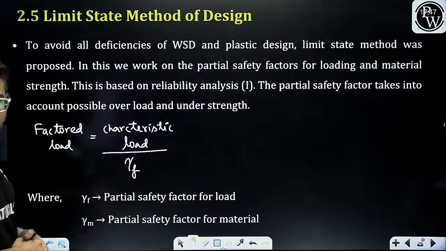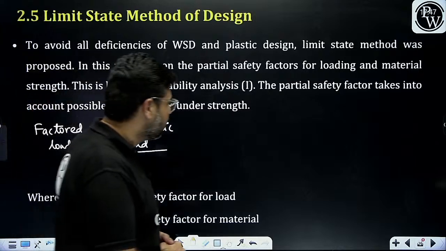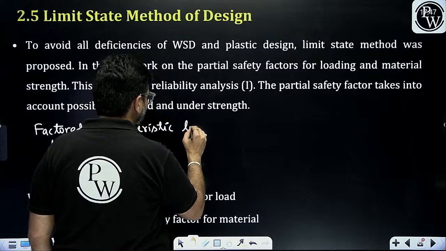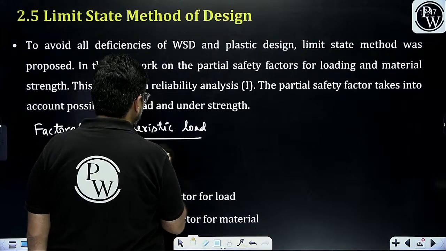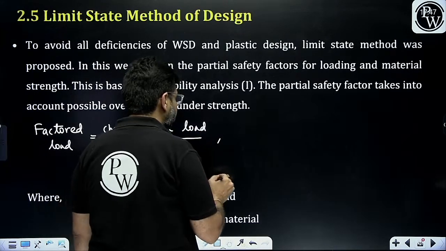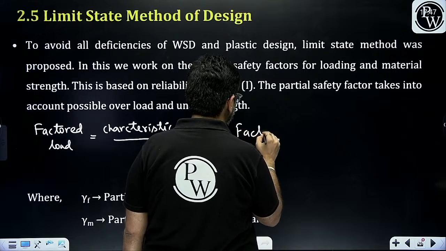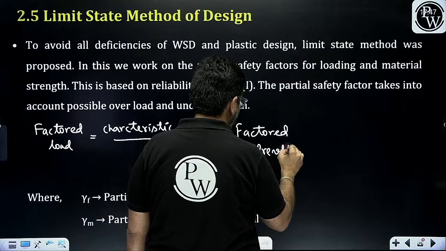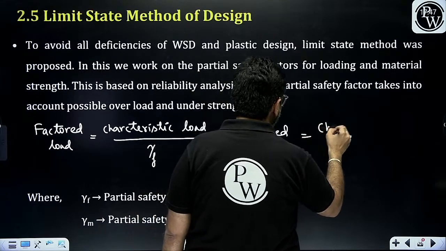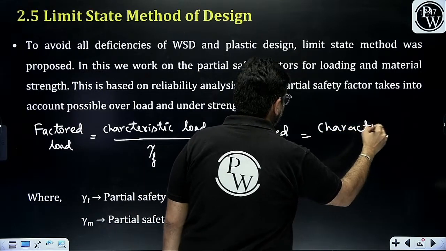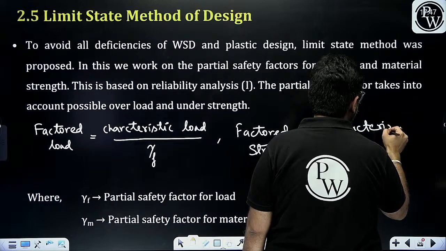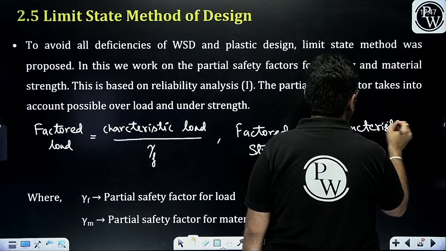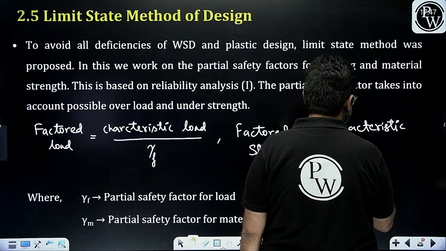Gamma f is the partial safety factor for loading. You remember this? And factored strength is characteristic strength divided by the partial safety factor for material. You understand what is the meaning of characteristic here? What do you understand by this characteristic strength?